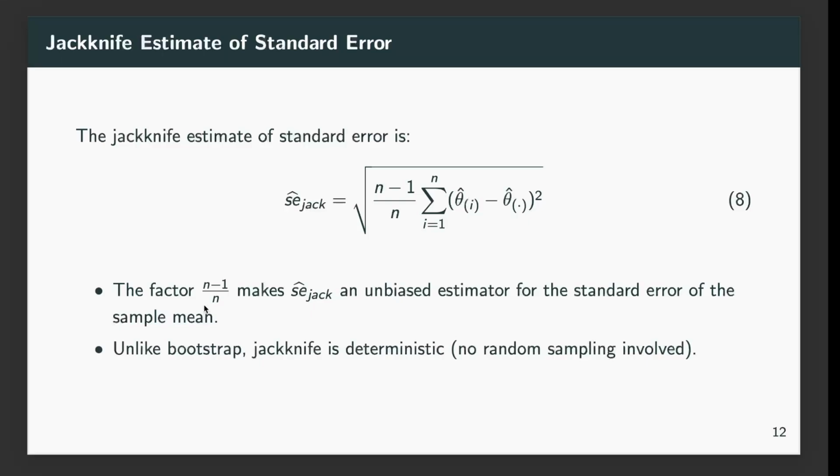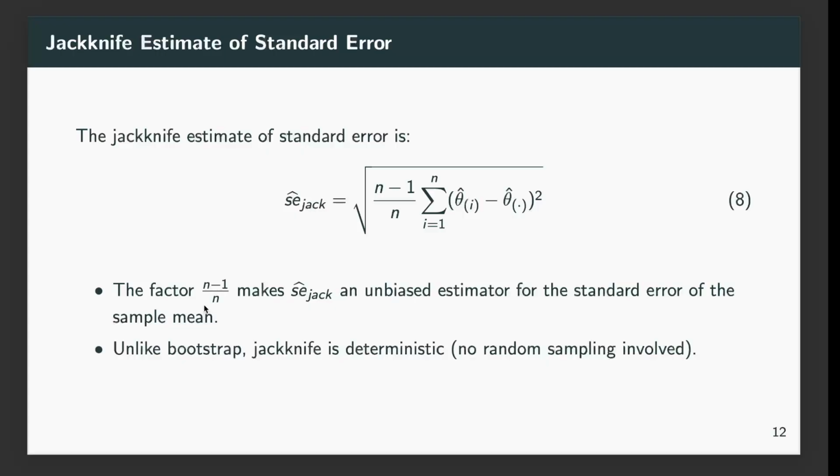In other words, for the sample mean, the Jackknife standard error will reduce exactly to the classical standard error formula, which is the square root of the sample variance divided by n. So basically what happened here is that the Jackknife reproduced the classical result for the sample mean. And the second bullet says that unlike the Bootstrap, the Jackknife is deterministic, with no random sampling involved.